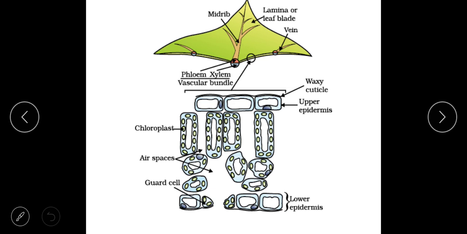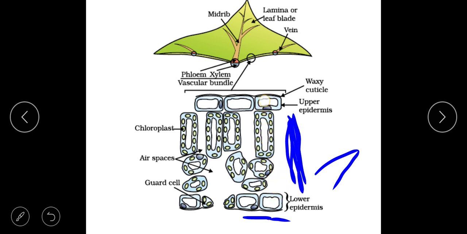When we see the section of a leaf, what we normally see are the two surfaces, the upper surface and the lower surface. The upper surface consists of the upper epidermis and the lower one consists of the lower epidermis. In between these two epidermis is the region called the mesophyll, and this is the only area where the photosynthesis occurs.